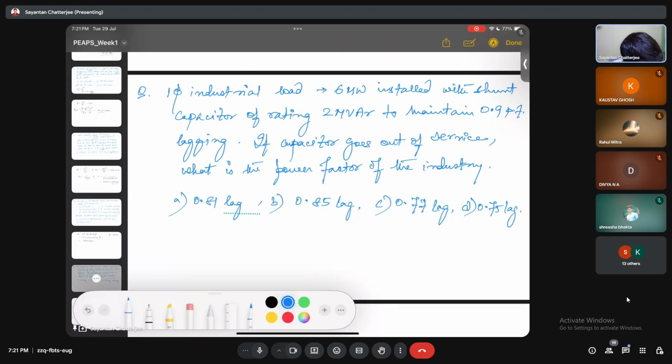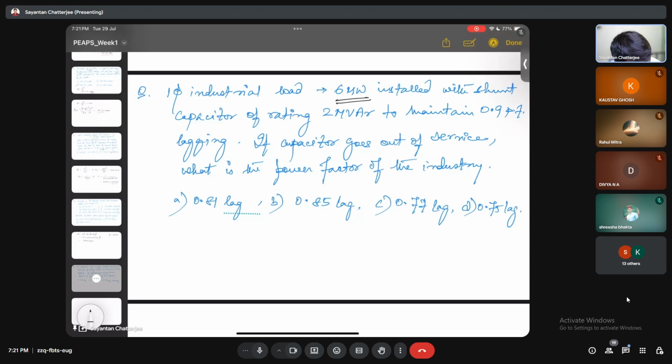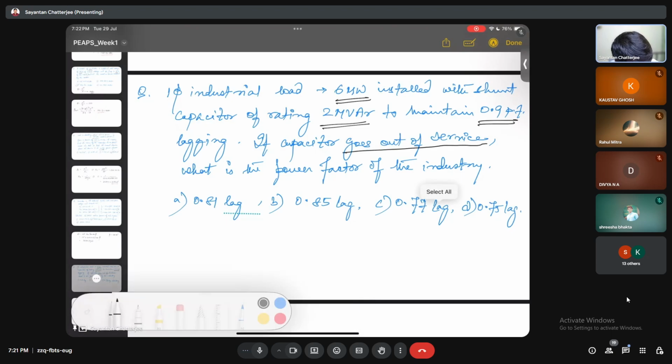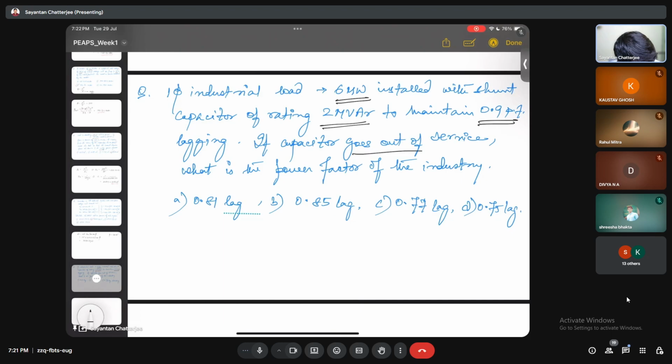So the question is: 6 megawatt load installed with a shunt capacitor of this rating to maintain 0.9 power factor lagging. Now the capacitor is out of service. So what is the current or operating power factor of the factory? I think the question is clear, right?